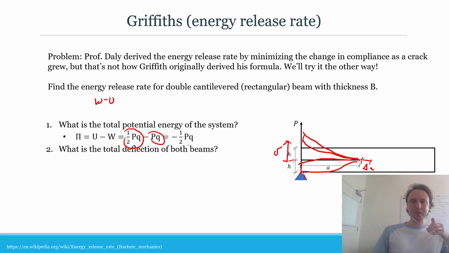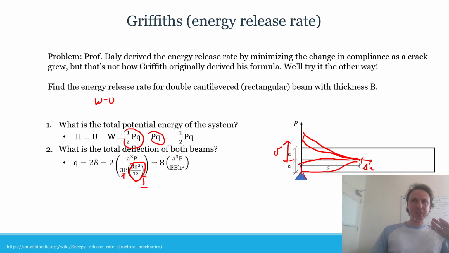So then what's the total deflection of the beams? This delta here, or I guess this is Q, and I called it 2 times delta. Where this comes from, I wish I had an extra animation here, is there's some formulas from ME15. This is your My over I basically, except it's in terms of forces and displacements. So right here, that's your I, and then you have some elastic modulus.